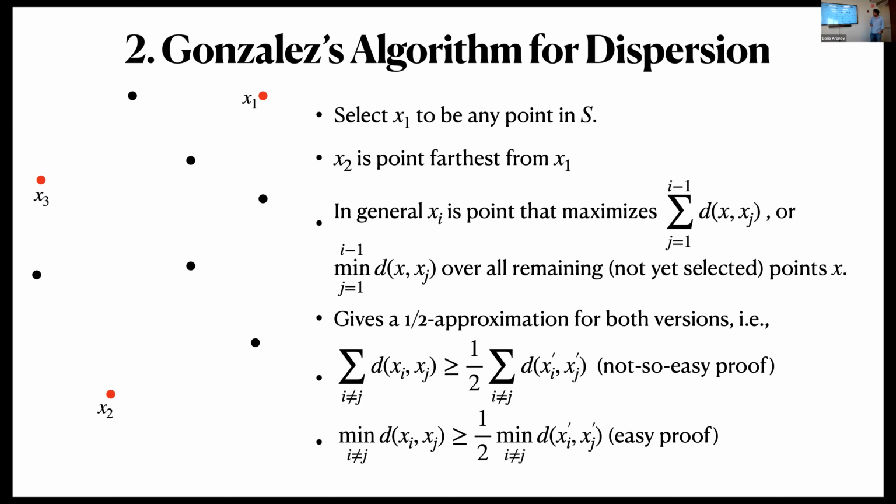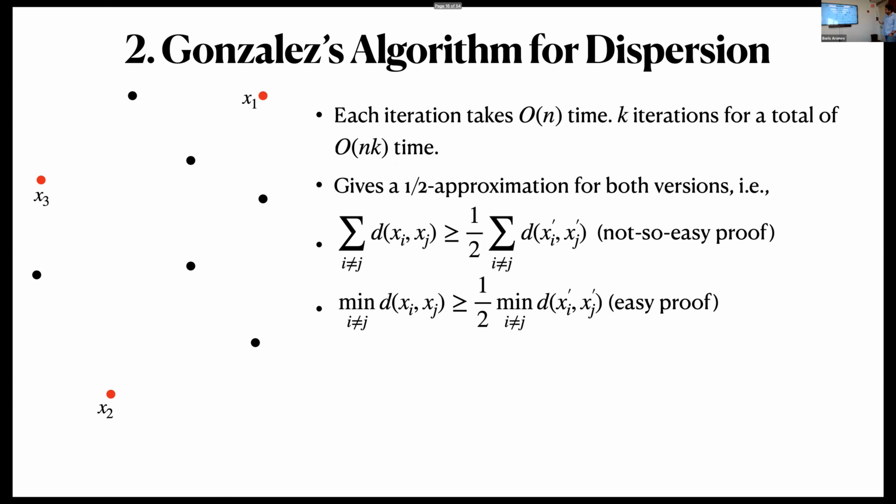So what does that mean? This algorithm will end in k iterations, because in every iteration it will add a new point. And if you run the sum version, the points that you get, their sum of distances will be at least half of the optimal, and same for the min version. Notice that the metric space is size n, and each iteration takes roughly order n time, because I look over all the other points and see who's the farthest from my current set.